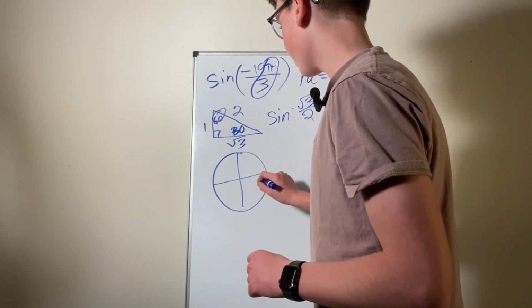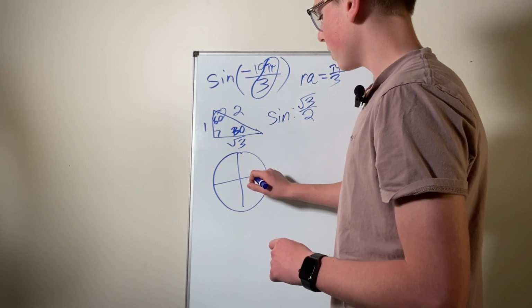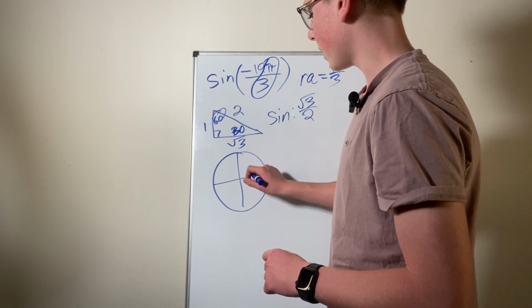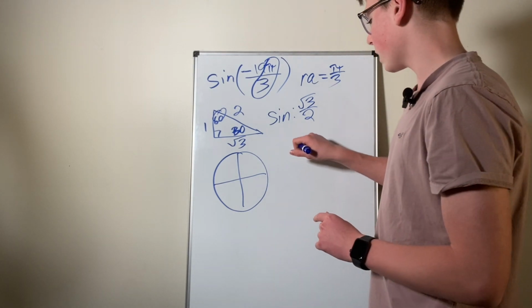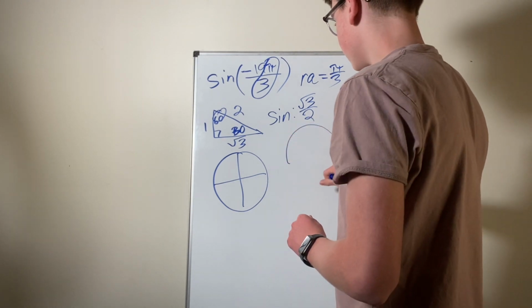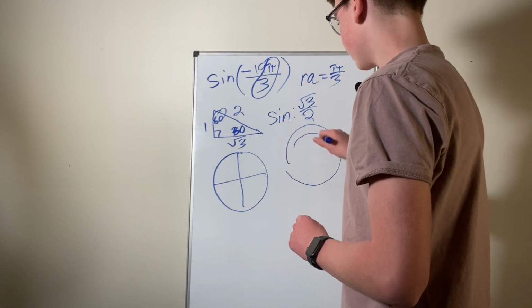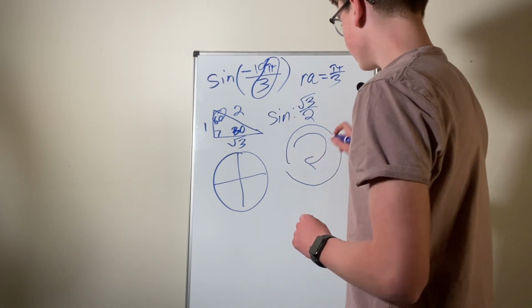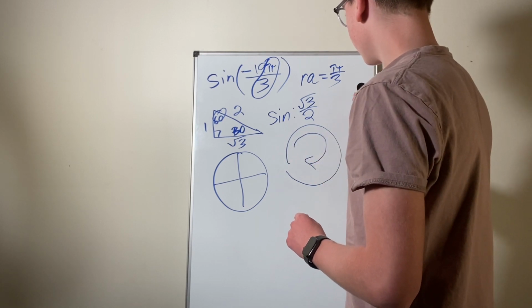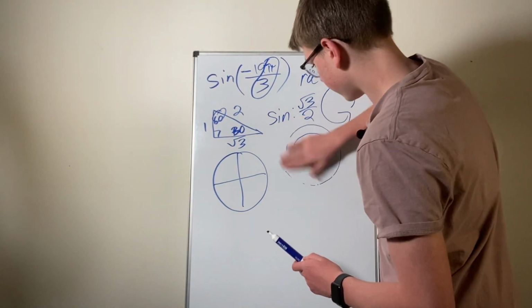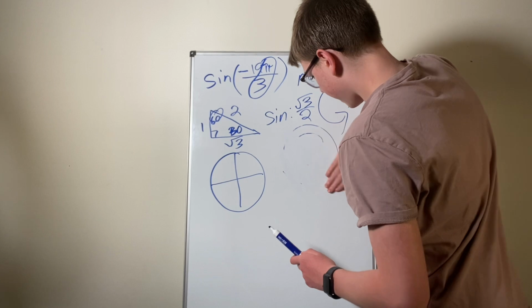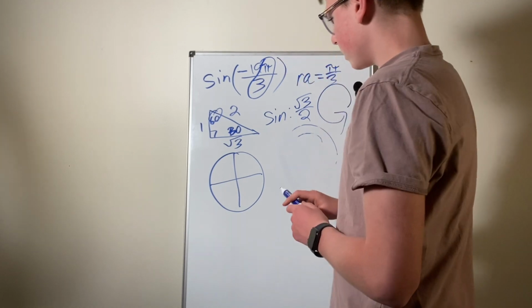So, when we're going negative, we're going to go clockwise, sorry. So, a clock goes like this, and it's like going this way. But usually we go this way. So we're just going the opposite direction. Now, let's do it.